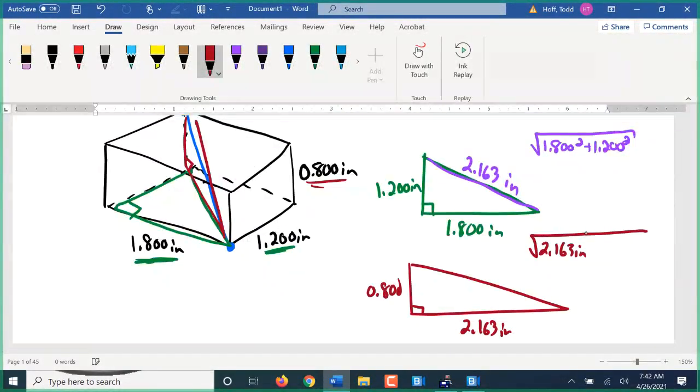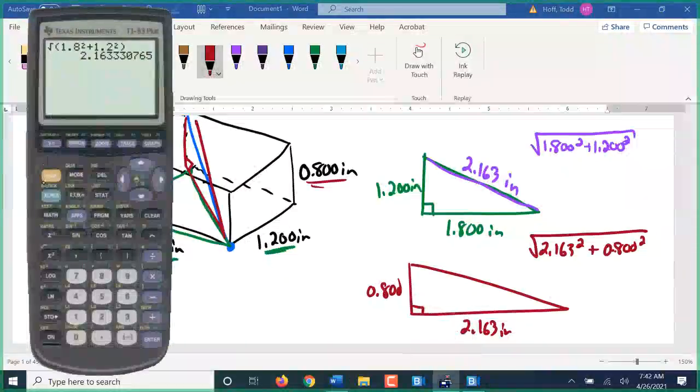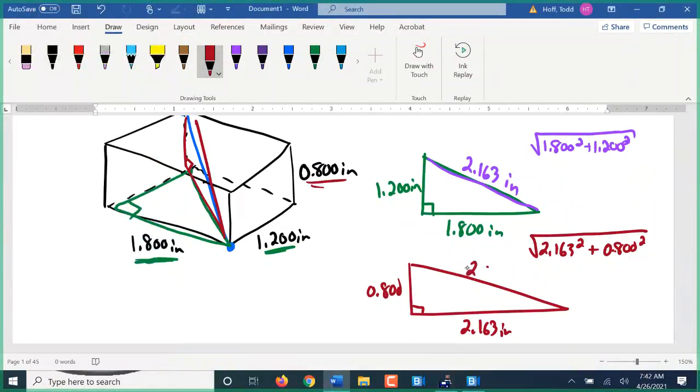Same thing, right? Square root of the 2.163 squared plus the 0.8 squared. 2.307 basically. Round it off.